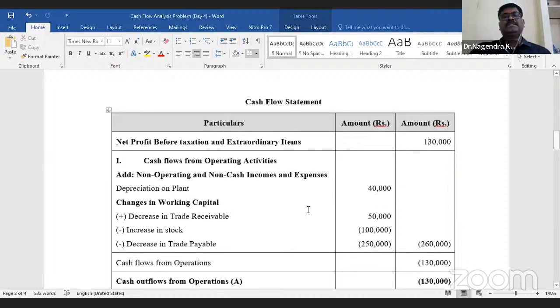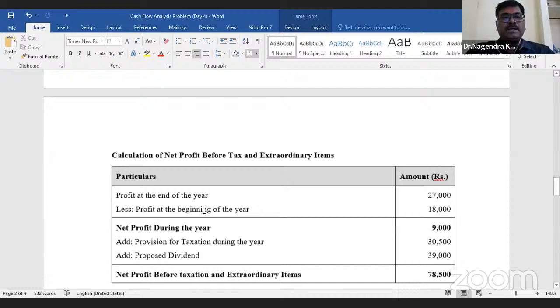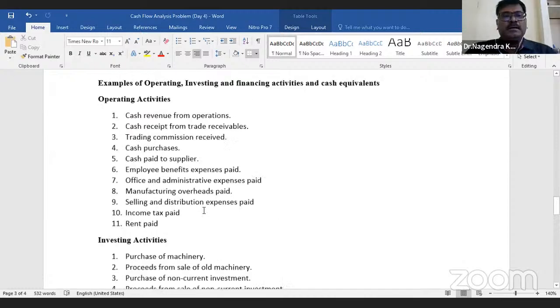Then the first component is to calculate cash from operating activities. There are different types of operating activities. The revenues can be generated from this type of activity, and the expenses can be paid only for this operating activity.